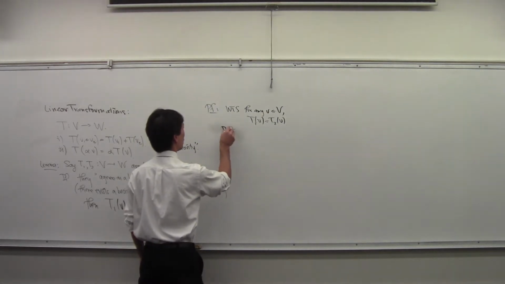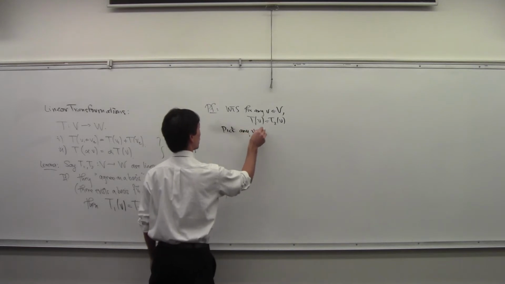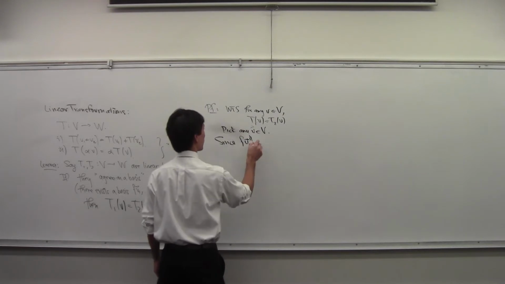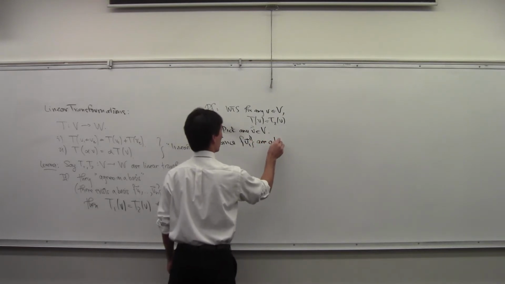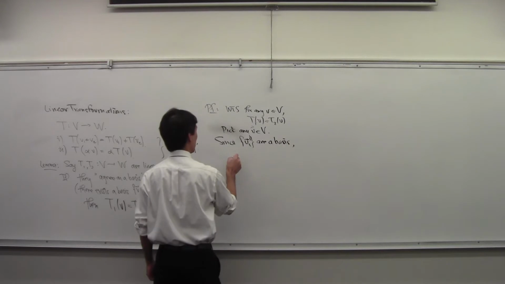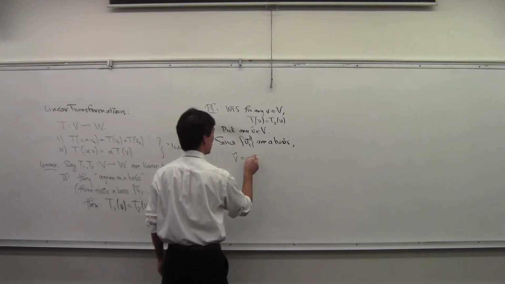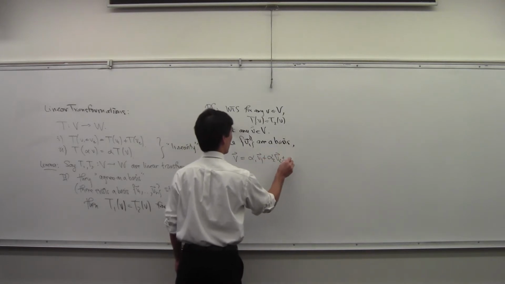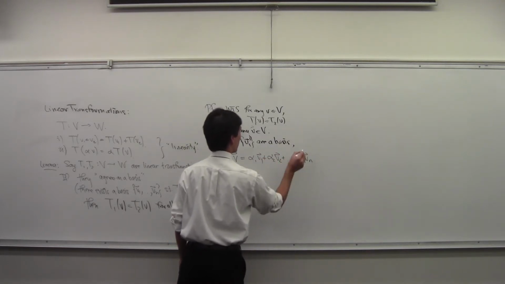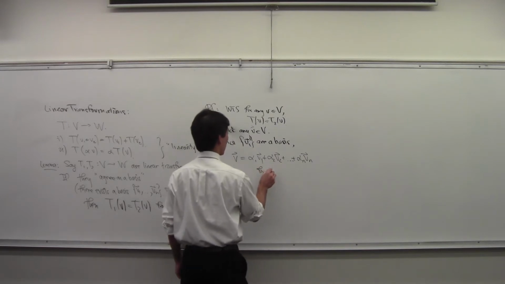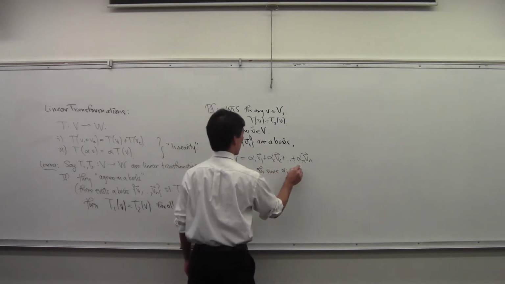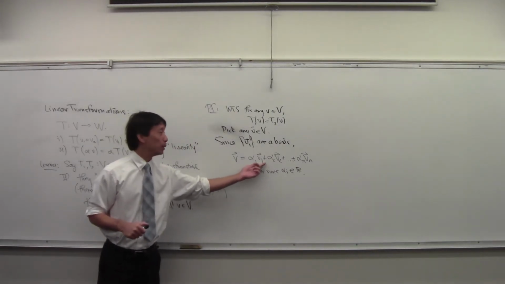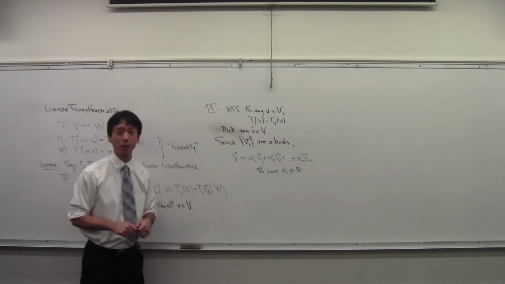Pick any V in the vector space. Since the Vi are a basis, we know that this V must be some linear combination of them: alpha 1 V1 plus alpha 2 V2 plus alpha n Vn for some alpha i in R, right? The span of the Vi is the whole vector space.